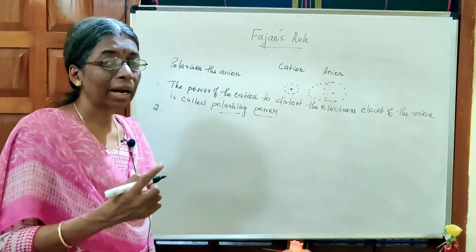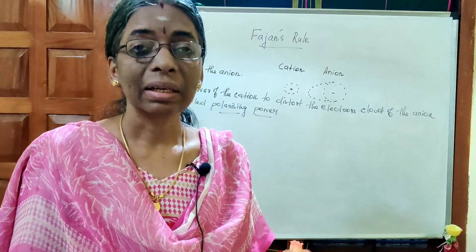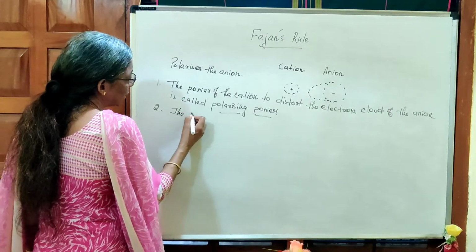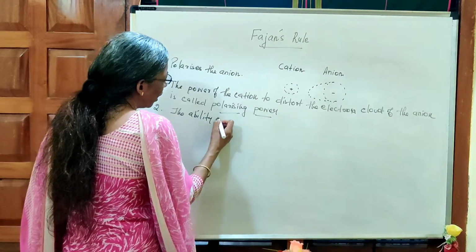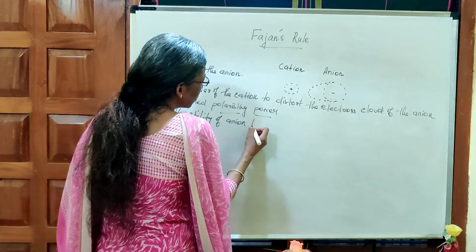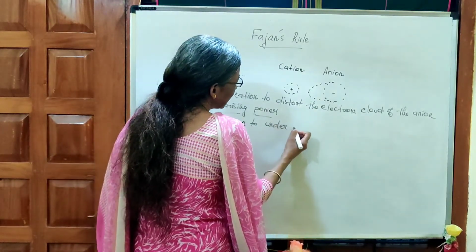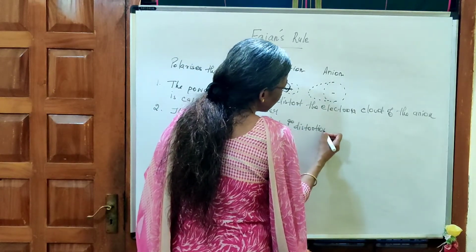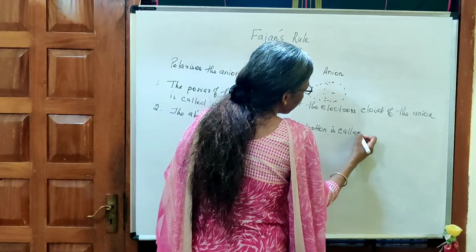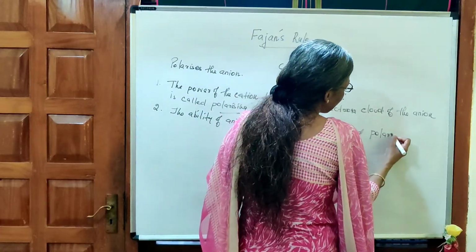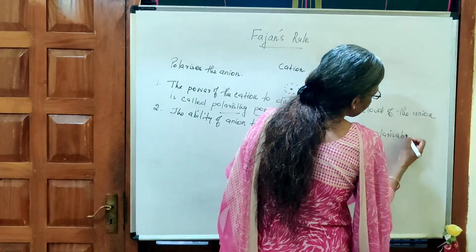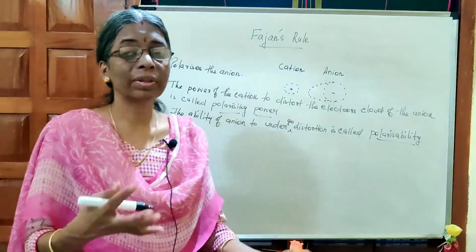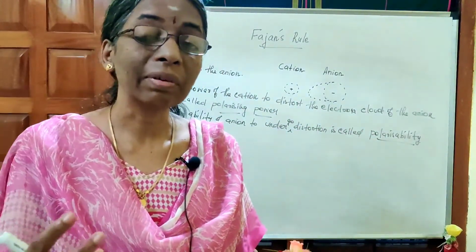The second one is polarizability. The tendency of the anion to get distorted, the ability of the anion to undergo distortion, is called polarizability. The larger the size of the anion, the greater the polarizability.